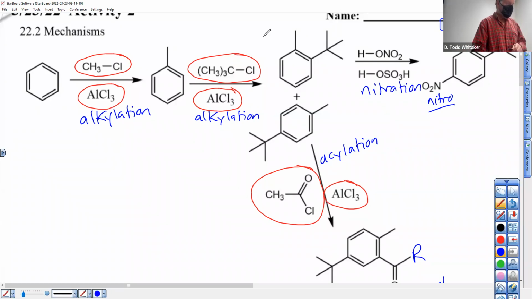So even though I have a reactive electrophile here, it wants to be attacked by a nucleophile. Benzene's not a good enough nucleophile. So I'm going to change this electrophile temporarily into a nucleophile. What? I mean, you can't do that, can you?